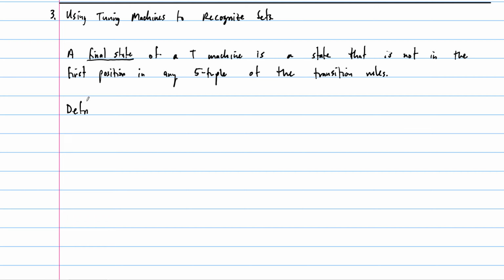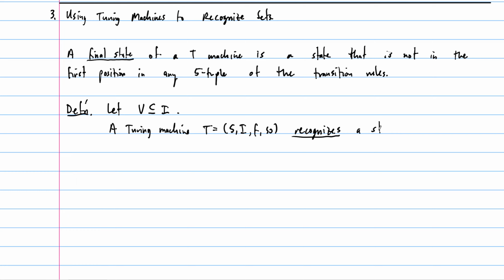So here's our definition. Let's suppose V is a subset of the alphabet I. I'm just going to use symbols here. We then say a Turing machine T, which is of course equal to the state set S, I, F, and then S naught, recognizes a string X in V star.